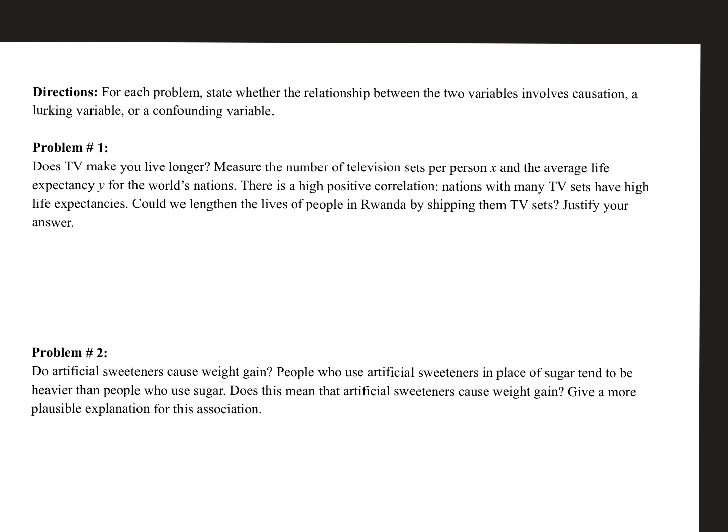So in this case, because this is more of an observational study, we know that we're going to have a lurking variable here. One of the things that determines whether or not you have a lot of television sets and your average life expectancy is going to be money. Not necessarily that you have a TV set, because if you have more money, you can afford more TVs. It also means if you have more money, you can afford health care.